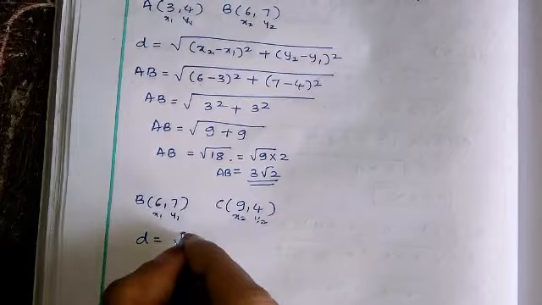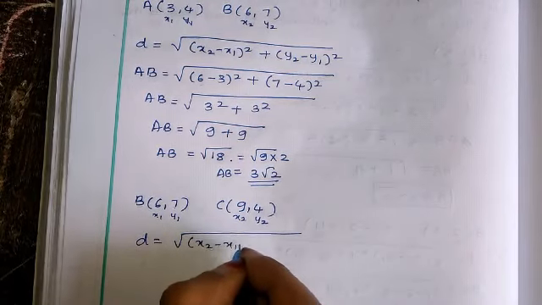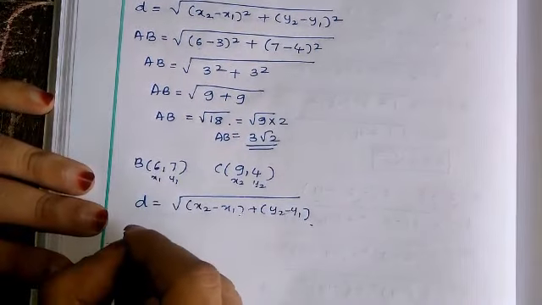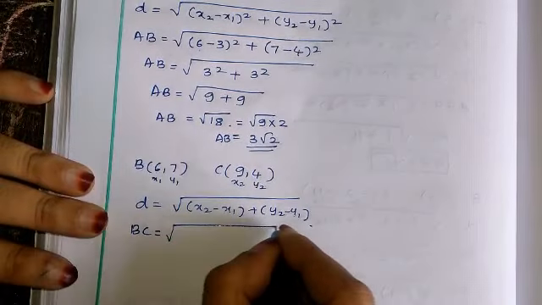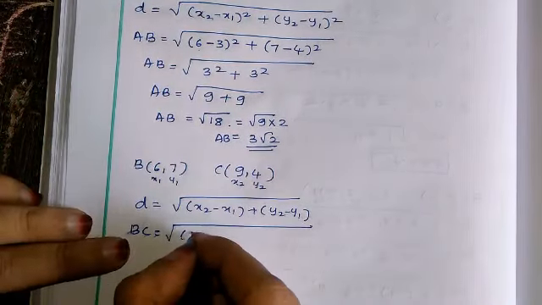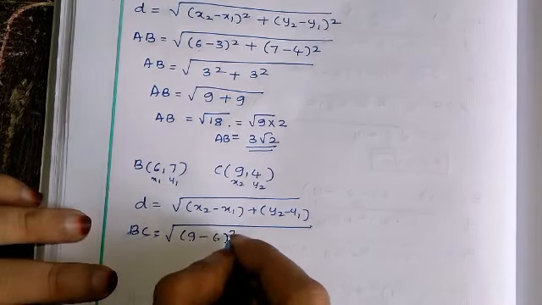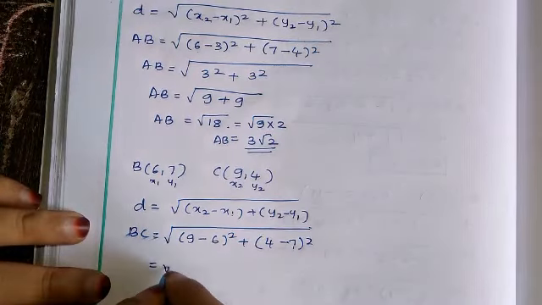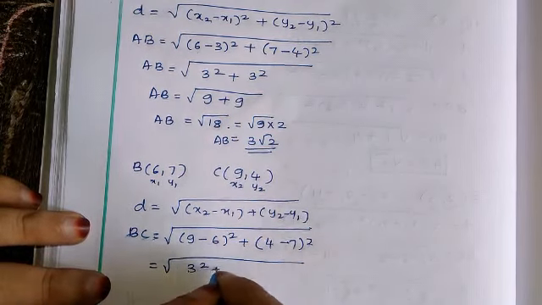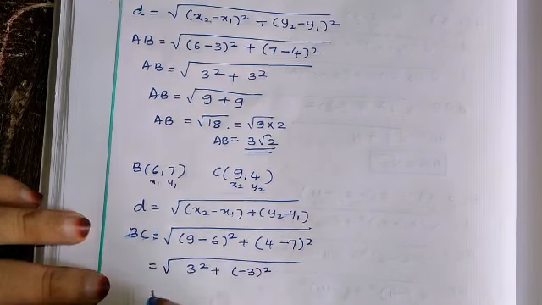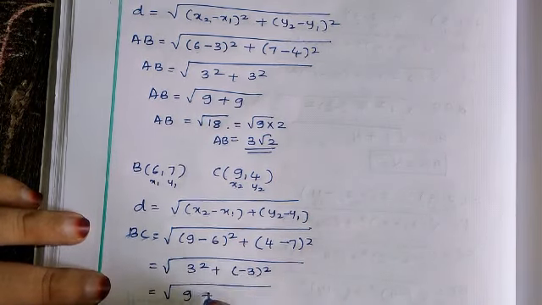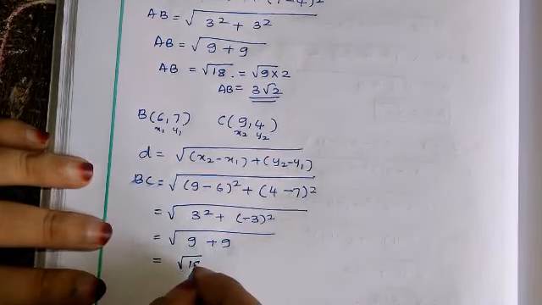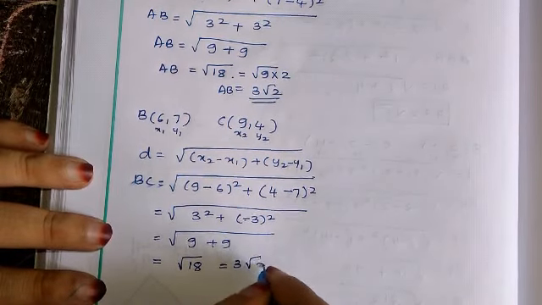So for BC, root of x2 9 minus x1 6 whole square plus y2 4 minus y1 7 whole square. 9 minus 6 is 3 square. 4 minus 7 is minus 3 square. So 3 square is 9, and minus 3 square also is 9. That is again root 18, which is again 3 root 2. Same.